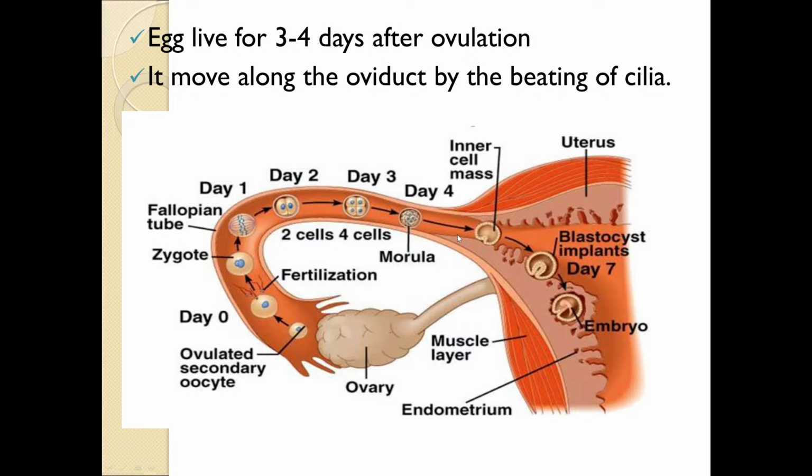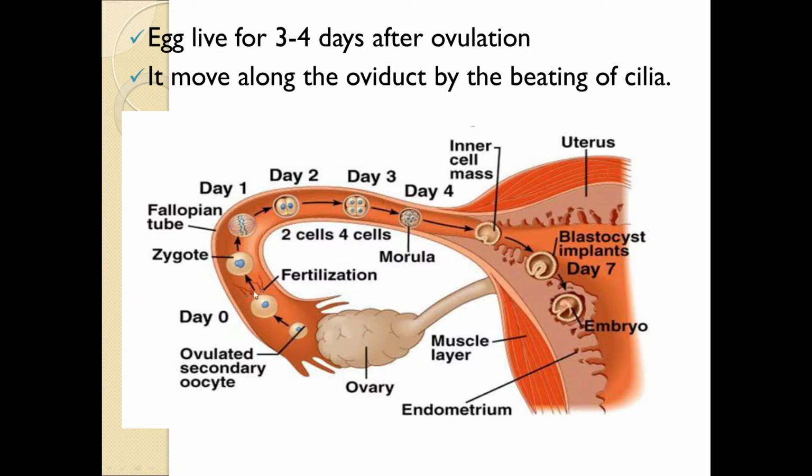It moves along what is called the oviduct by the beating of something called the cilia. The cilia help to push it along the oviduct. And this is the oviduct, all of this channel that you're seeing here that moves from the ovary. So this is the ovary.